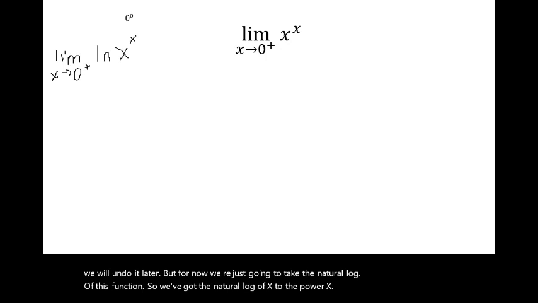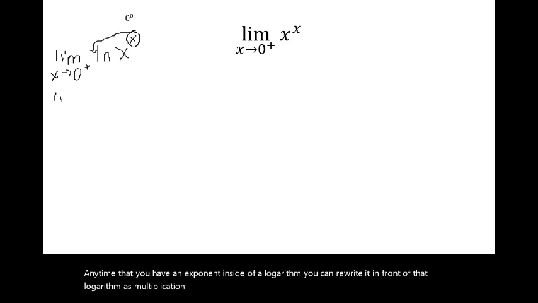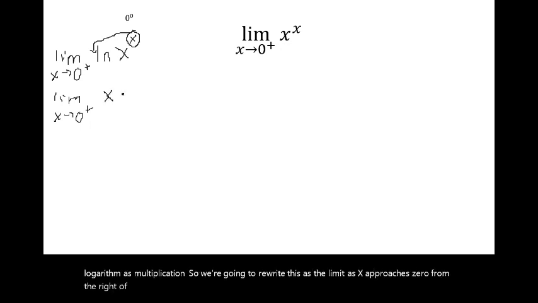Then anytime that you have an exponent inside of a logarithm, you can rewrite it in front of that logarithm as multiplication. So we're going to rewrite this as the limit as x approaches 0 from the right of x times the natural log of x.